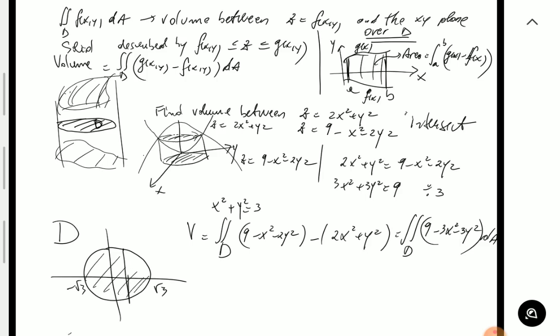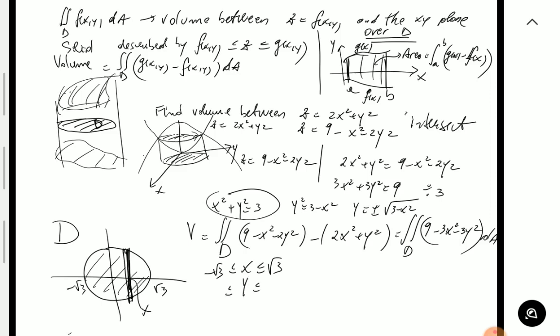So a typical slice, let's say as type 1, will have x with the bounds minus root 3 and root 3. And the innermost bounds in terms of y you need to get from the equation of the circle. Don't forget the plus minus when you take the radical. So the bounds for y will be plus square root of 3 minus x squared and minus square root of 3 minus x squared.